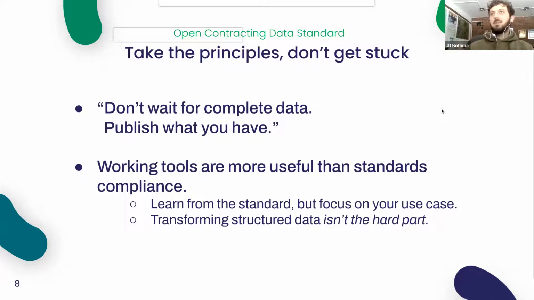Just publish what you have, and you can always publish updates to the data as you get more information. As the procurement process goes further along the stages, more information becomes available. And it's completely expected around the world that not every attribute is always going to be available, for a range of reasons.